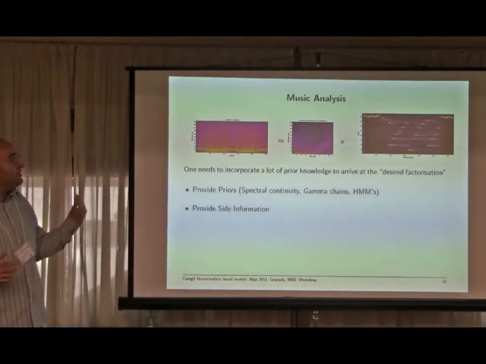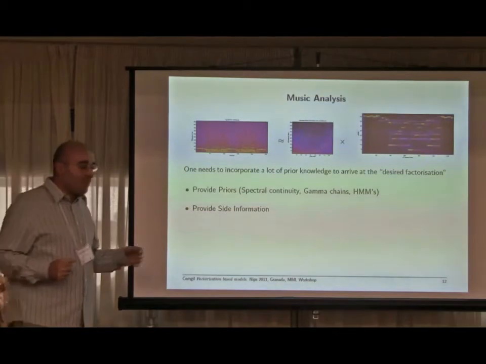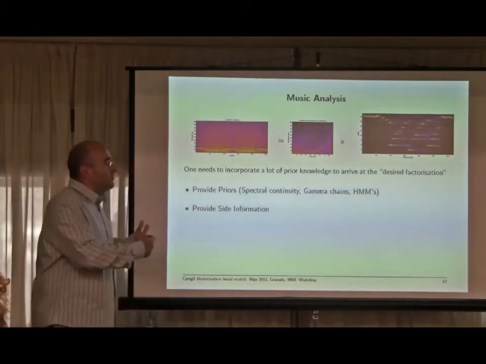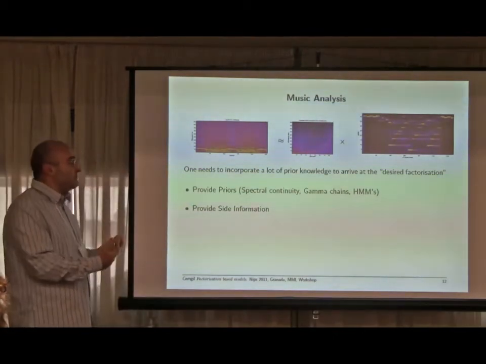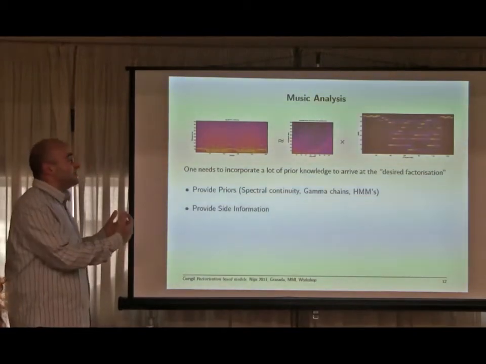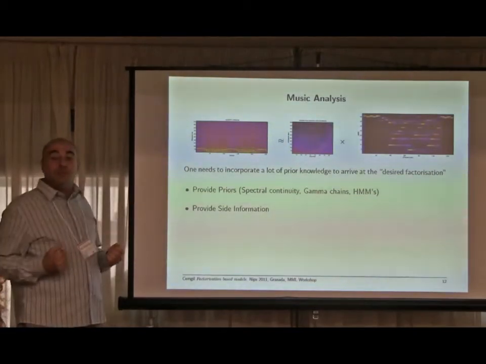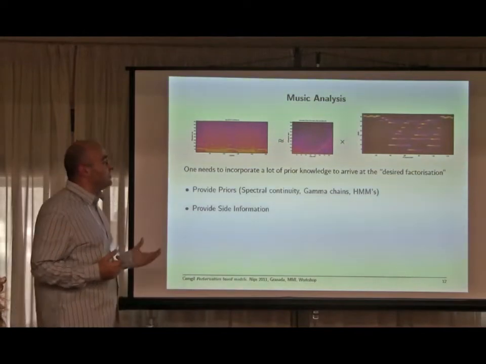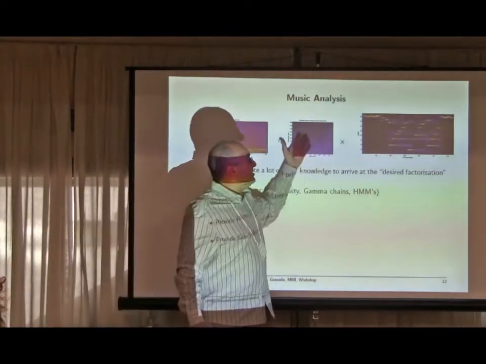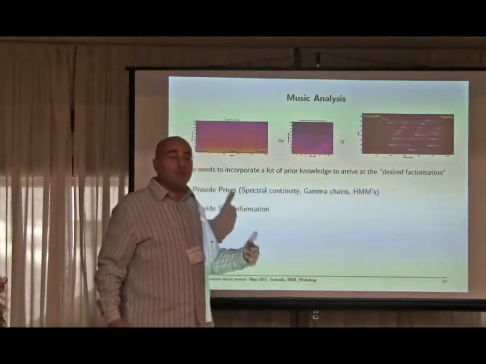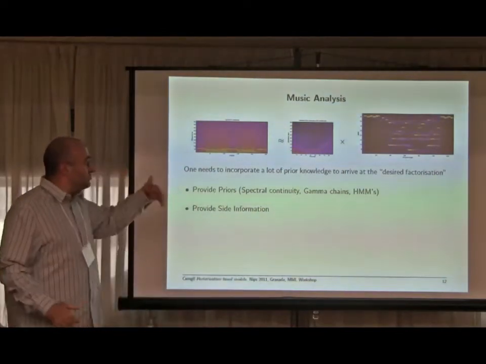A lot of work has been done for deriving factorizations which also make, in some sense, semantically meaningful information. That is done typically by putting some prior over these individual factors. Many people have tried many different things, and I don't want to go over all of them.